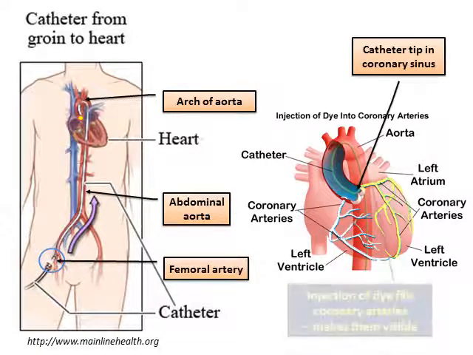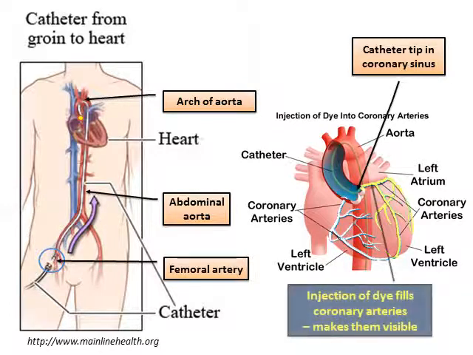Once the tip of the catheter is in the coronary sinus, it can be introduced into the opening of a coronary artery and a dye can be injected which would make the corresponding artery visible.